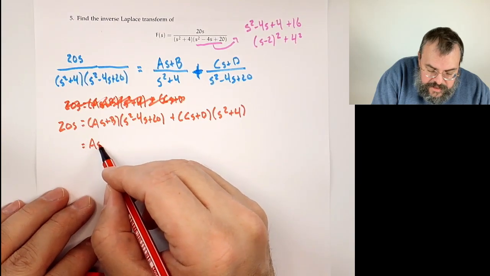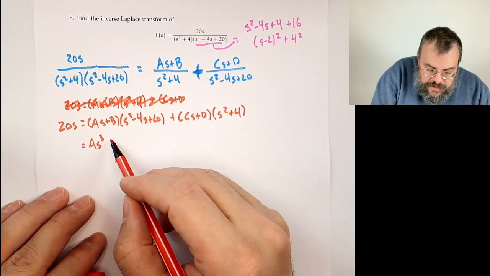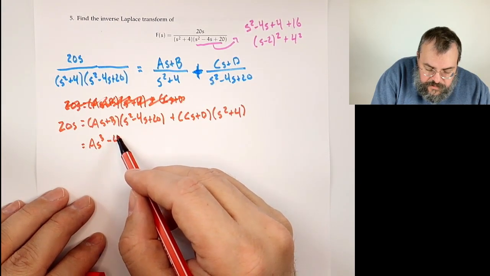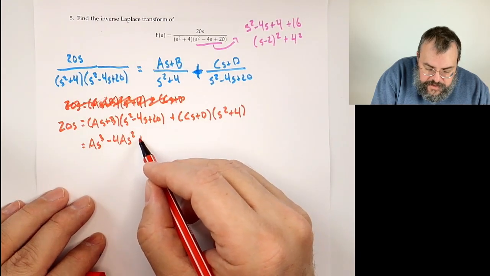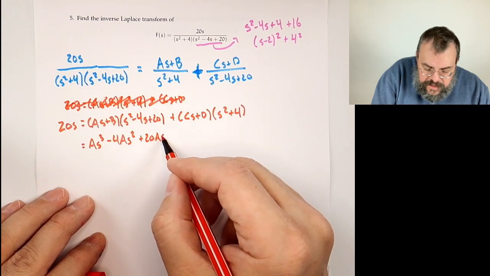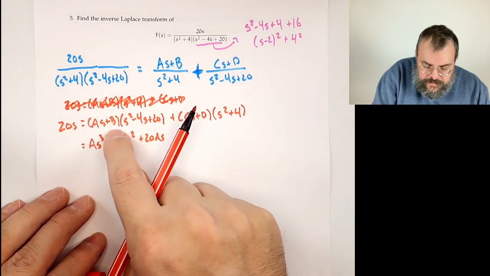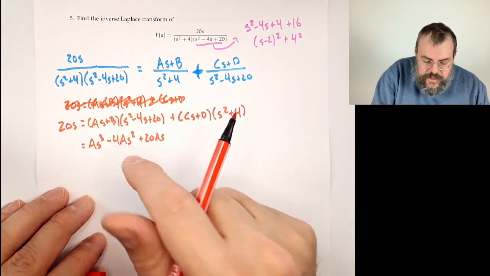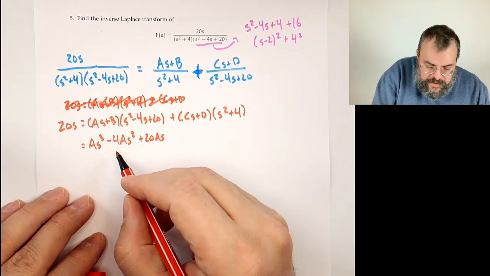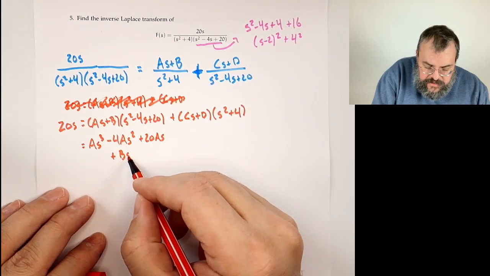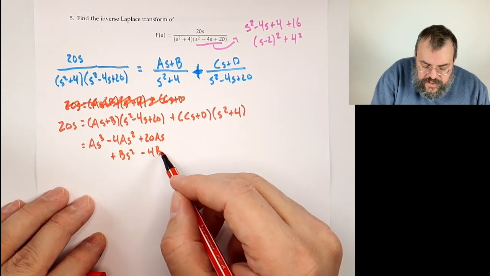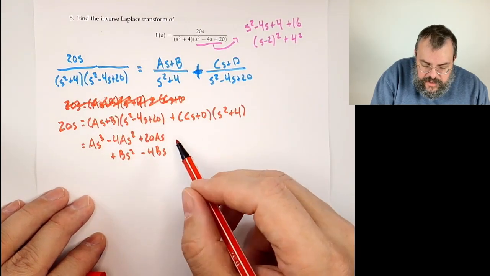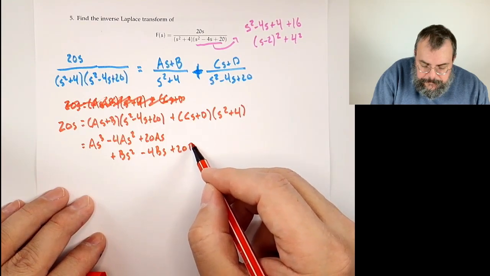We'll get as cubed minus 4as squared plus 20as. Okay, that's multiplying the as by everything. Then we're going to get bs squared, I'll just write that underneath here, bs squared minus 4 times b times s and plus 20b.